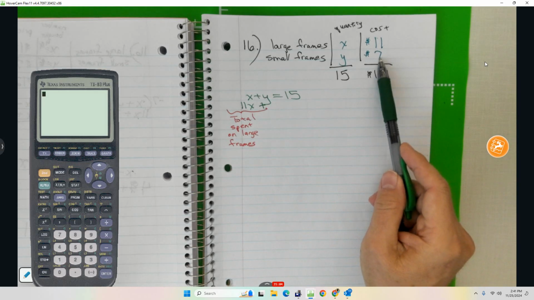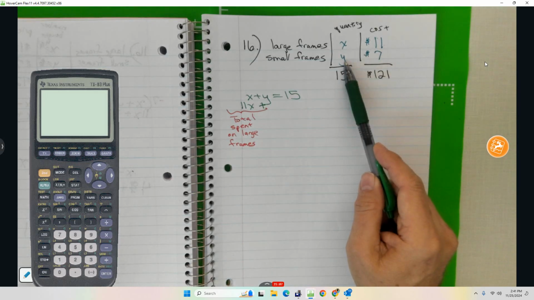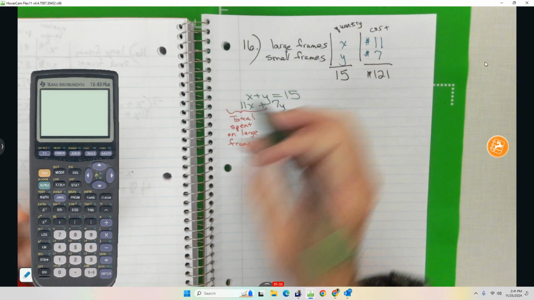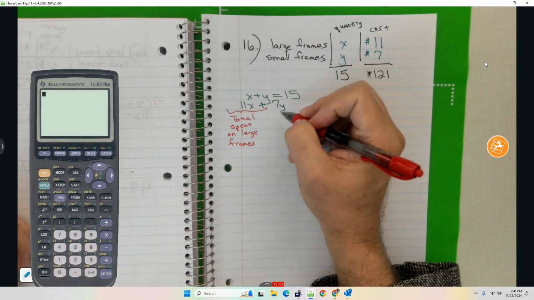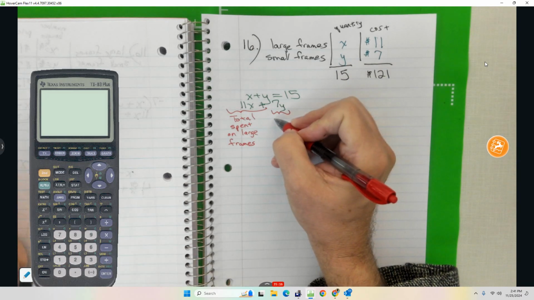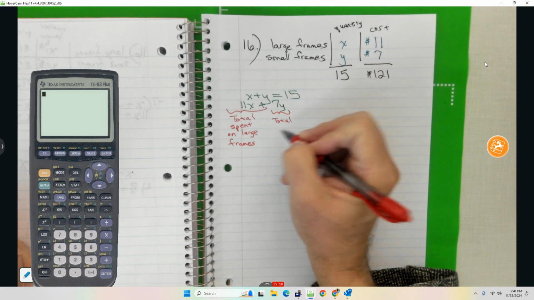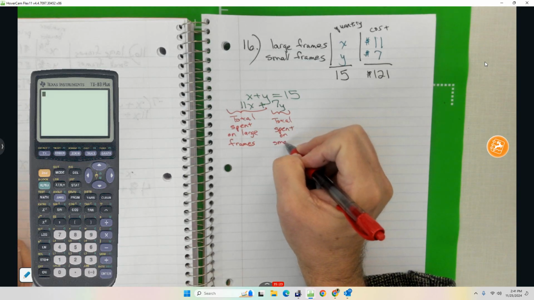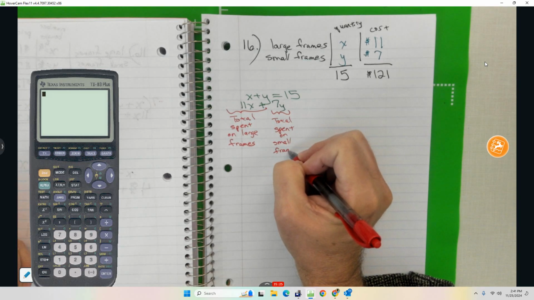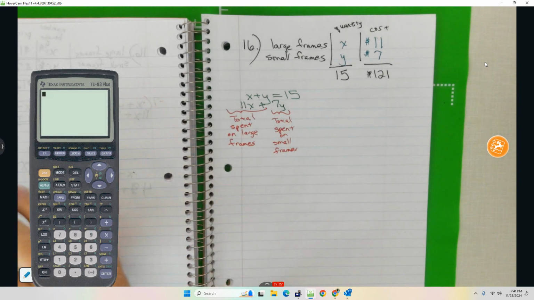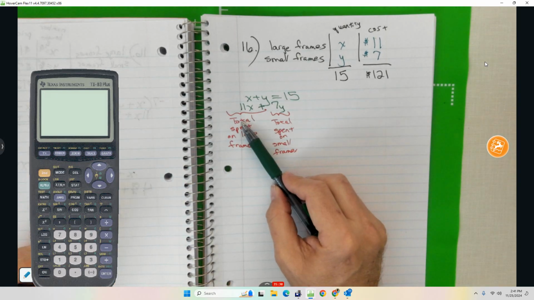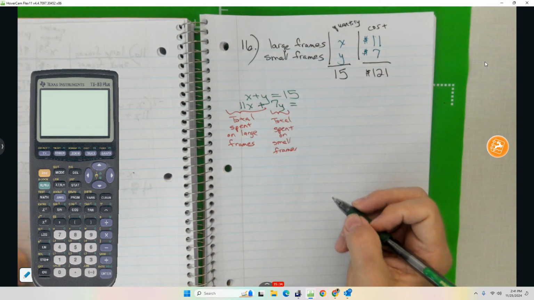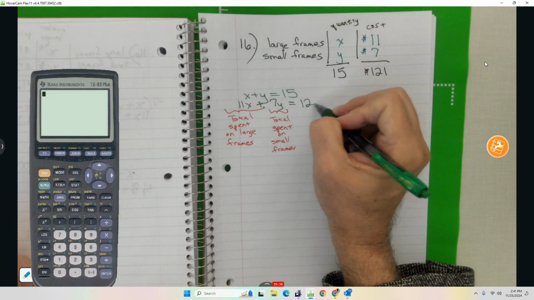You go the cost per item times the number of items. 7 times y, 7y, that number there is the total spent on small frames. And if we add that up, the money spent on the large frames plus the money she spent on the small frames, it had better give you that 121.